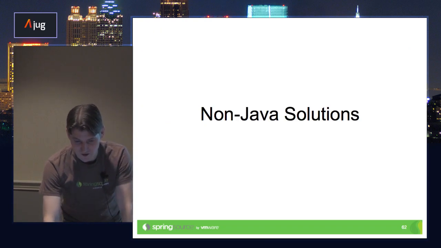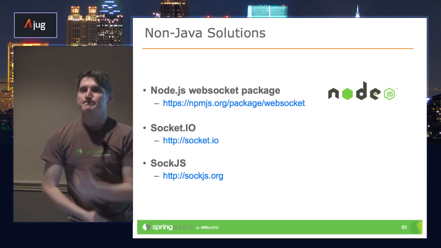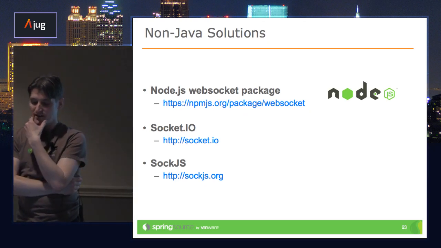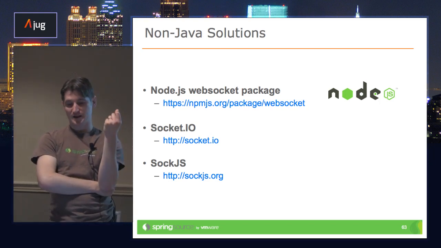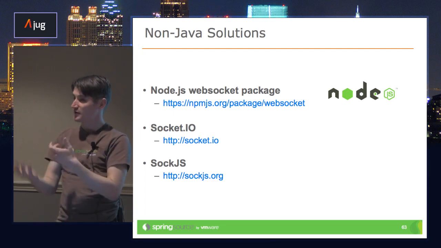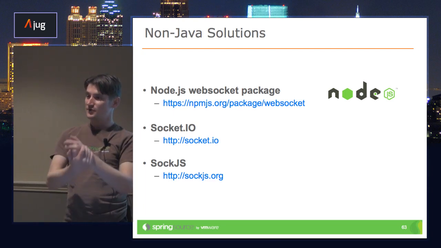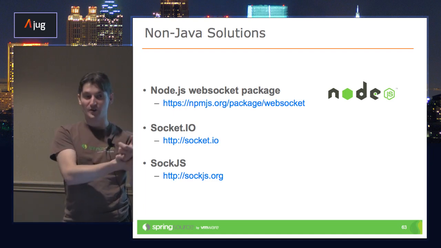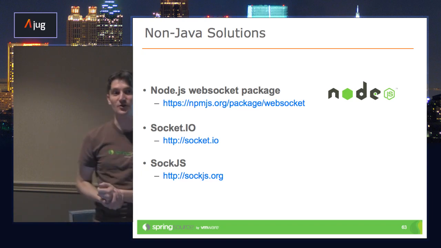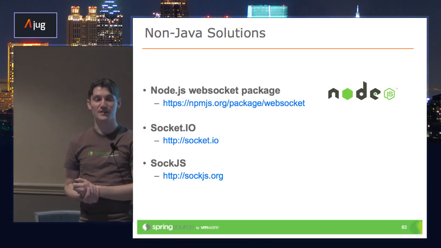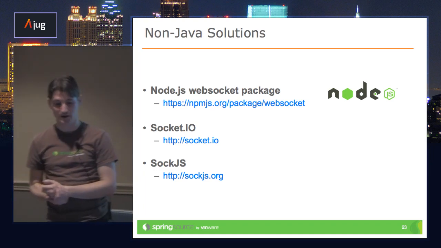But let me talk first about non-Java solutions. The reason I do this is that when you look into the development of HTML5 and WebSockets generally, there seems to be a notion that people implement those these days on Node.js rather than in the Java world. So we're a little bit behind in terms of implementation of the various APIs as well as libraries available to us.